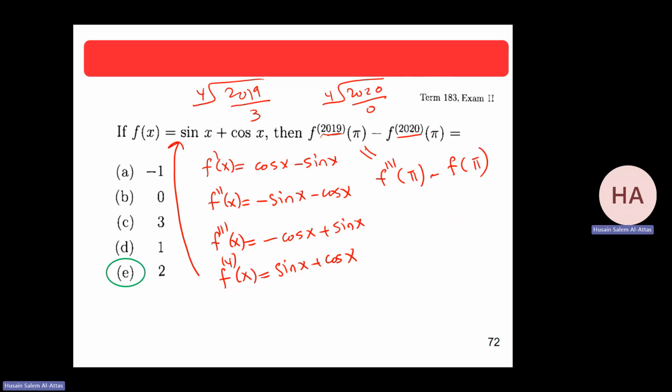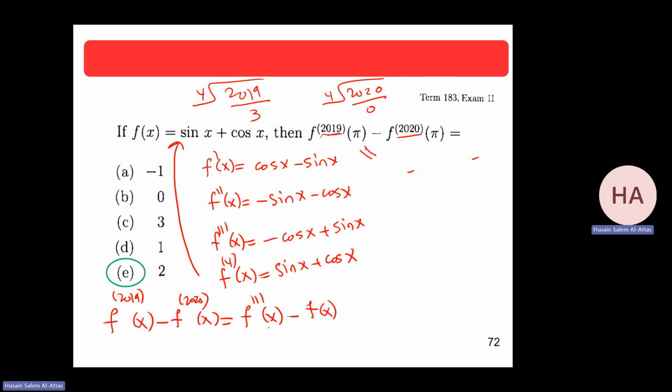So what is the third derivative? Let me do this. The 2019th at x minus f 2020th at x, that will be the same as the third derivative minus the fourth, or the first, which is the same, minus f of x. So that implies this one will be equal to the third at pi minus the function at pi. What is the third at pi? I'll substitute here.